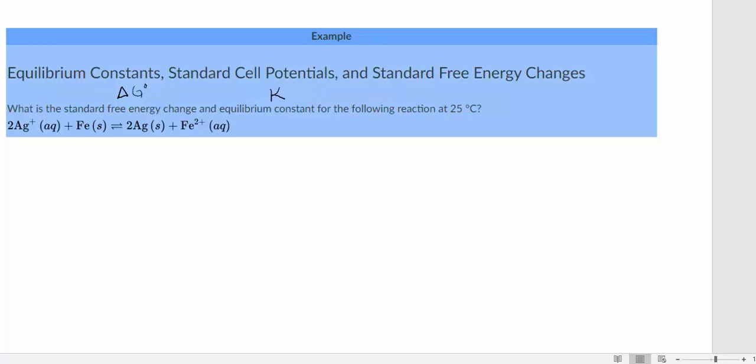Well, the first thing we ought to do is separate this out into our half reactions. We can see that the silver reaction should be multiplied through by 2, and that's what gives us our overall reaction as well.